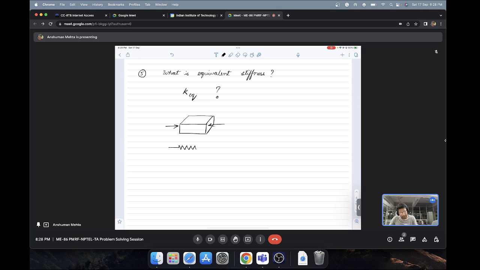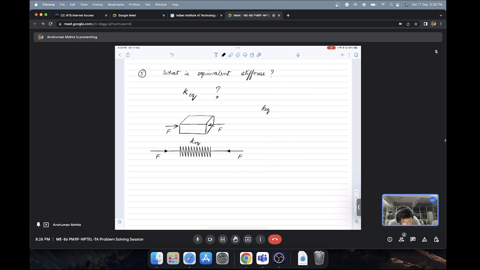So if we have a spring and we give some compressive force like this, what will be K equivalent?